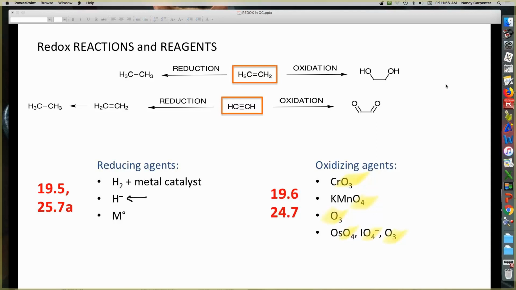Oxidizing agents are things that have lots of oxygens on them and are typically in a high oxidation state. So that's chromium +6, manganese, what is that? I think that's +7. And so you're looking for metals on this side that are really in a high oxidation state.